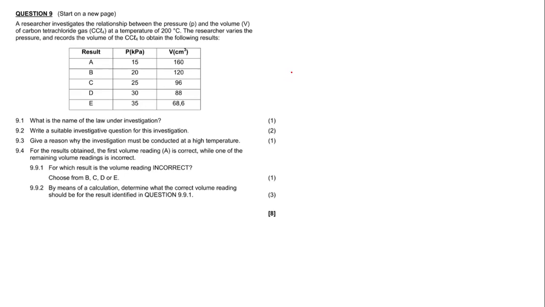obtain the following results. Now here we are talking about the ideal gas laws. Now we spoke about the 3 guys. There are actually 4 of them. You'll see that maybe when you get to tertiary. There are 4 scientists that have contributed to these ideal gas laws.